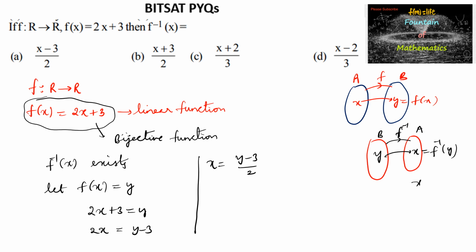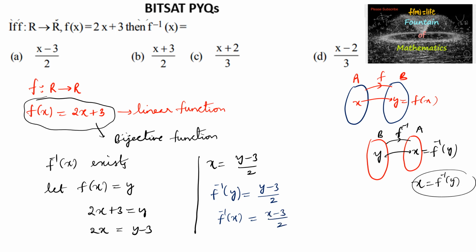So we can remember x is equal to f inverse of y. So we can write here f inverse of y is equal to y minus 3 upon 2. So changing the letter, f inverse of x is equal to x minus 3 upon 2. So we can go with the option x minus 3 upon 2, which is option A.